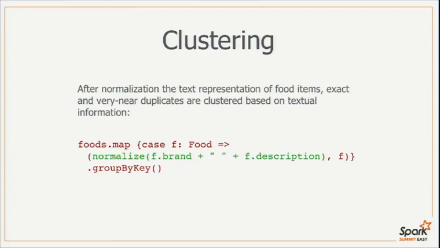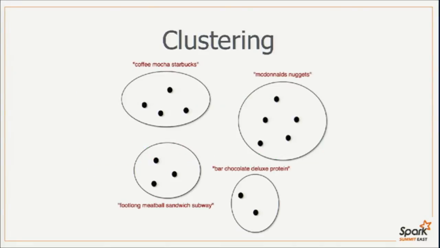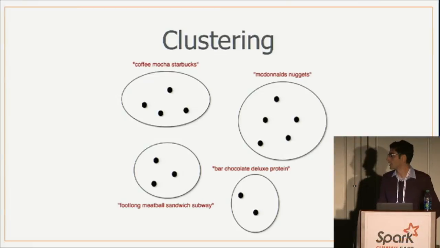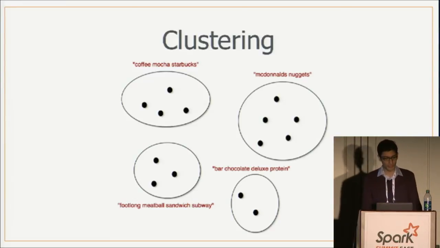Of course, there were many cases where the same food item might appear under a completely different brand and description, such that it cannot be captured by the normalization process. To take care of that, we had to run a dedup process on top of it. This is an example of the clustering output we got. For example, for coffee, mocha, Starbucks, we can see that we have a bunch of foods here.